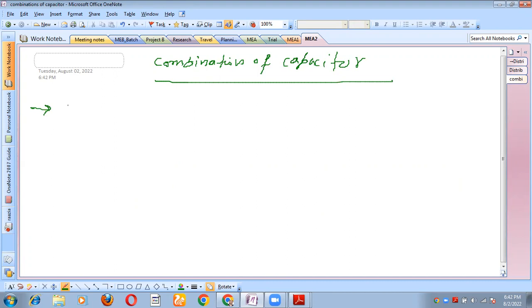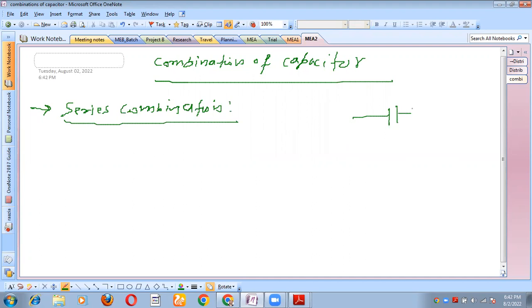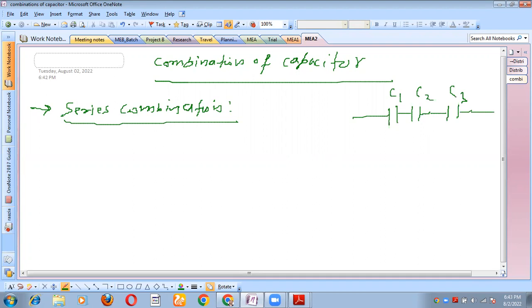First is series combination. In series combination, what happens? Capacitors are connected like this. Suppose we have three capacitors C1, C2, C3. The charge on each capacitor is the same. Suppose the charge on the first capacitor is Q, then the charge on each capacitor will be the same. Potential will be different: V1, V2.